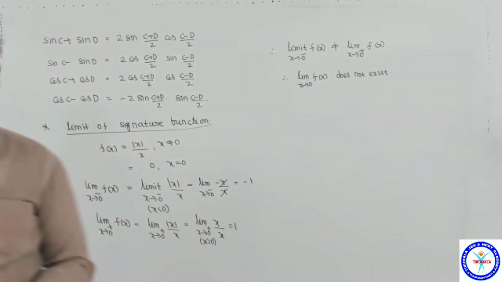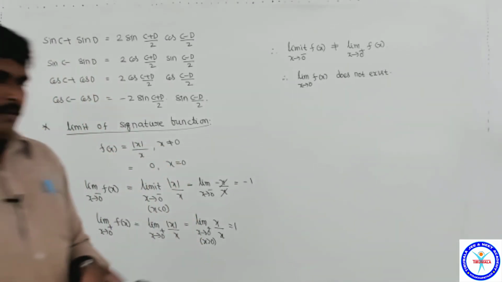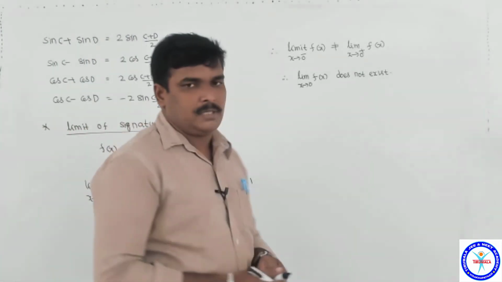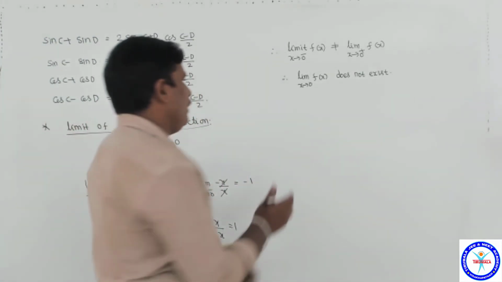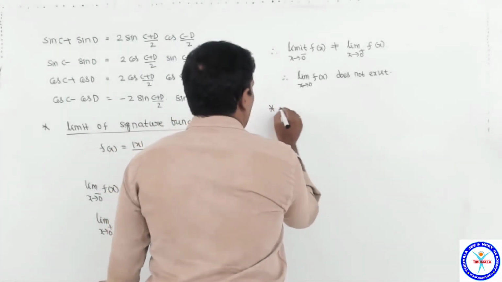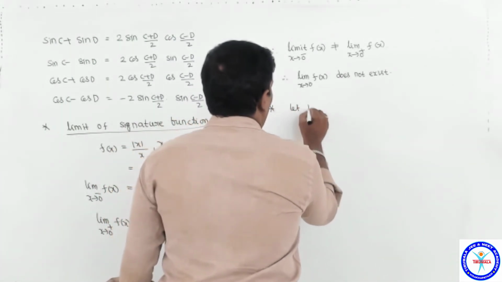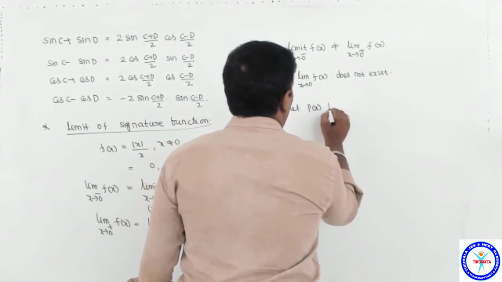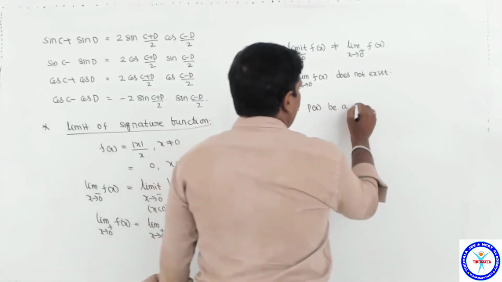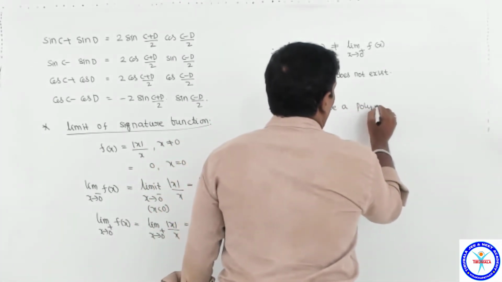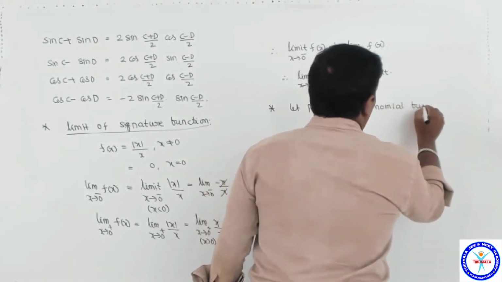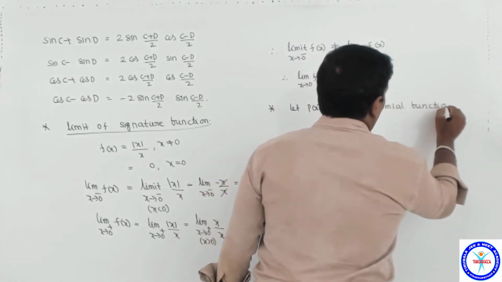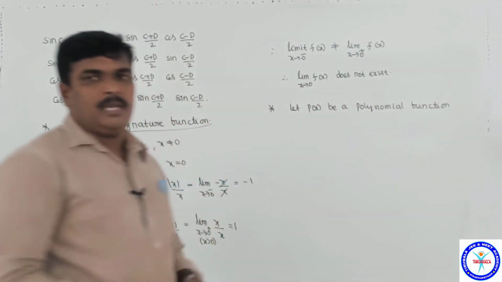Okay students, now for a polynomial function. Let p of x be a polynomial function of degree n. I already explained the definition of a polynomial function.